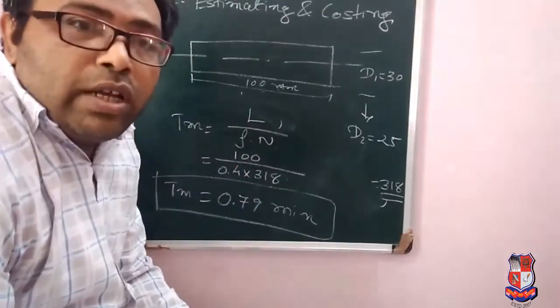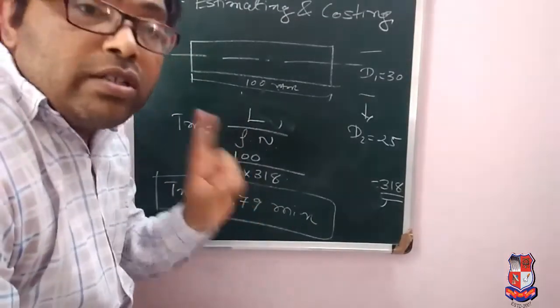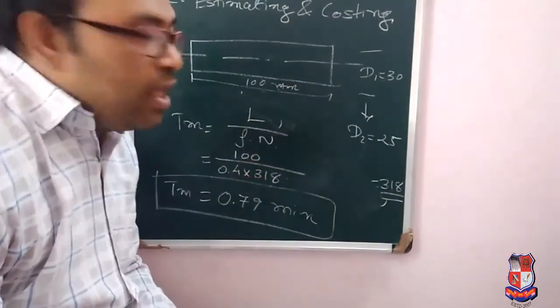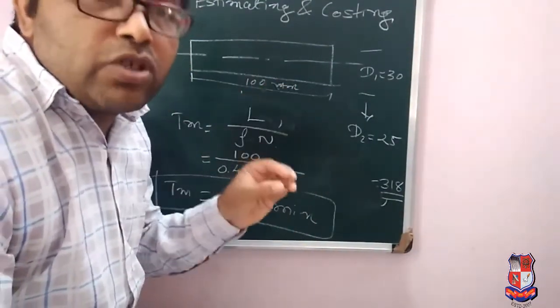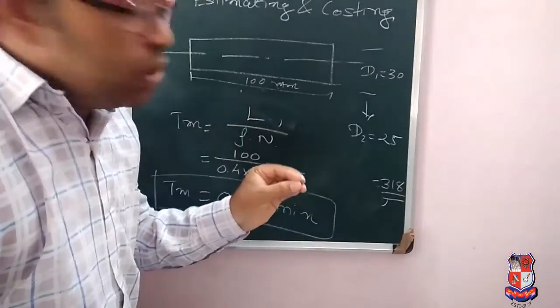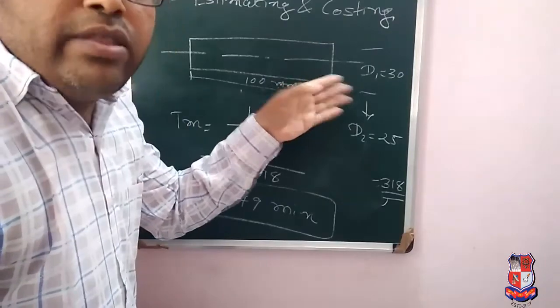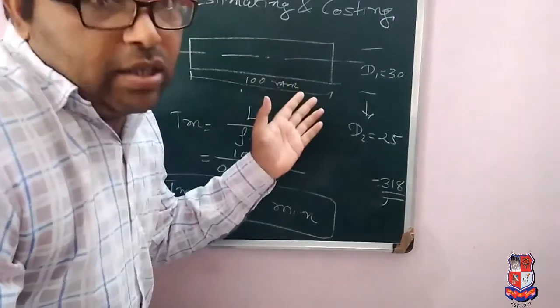So in this calculation we have considered only one cut, but many times there is a restriction of depth of cut. So we have to turn by taking either 2 or 3 cuts.